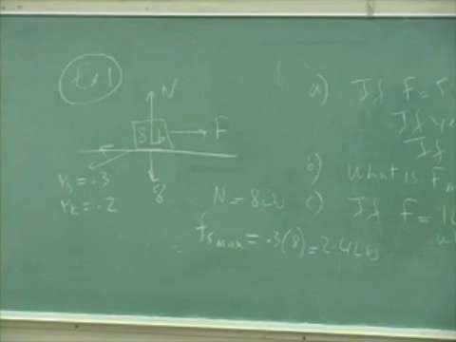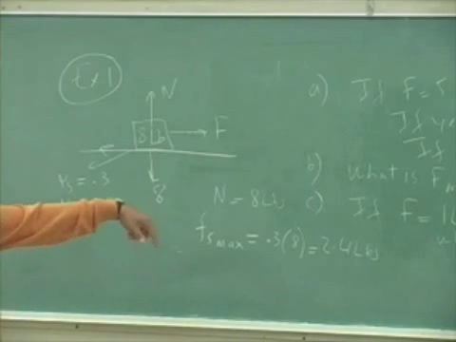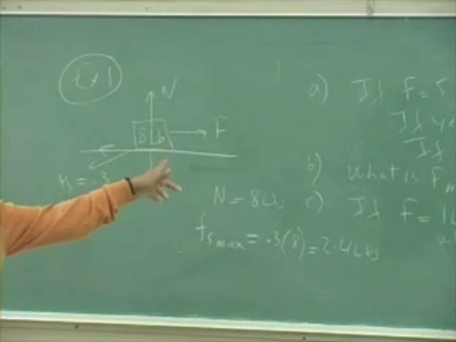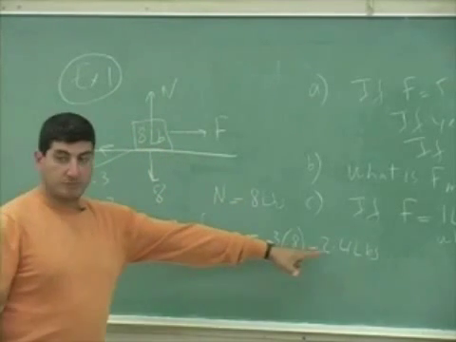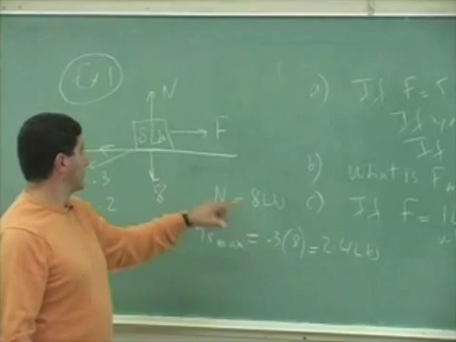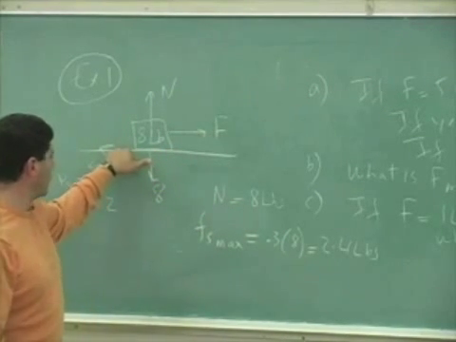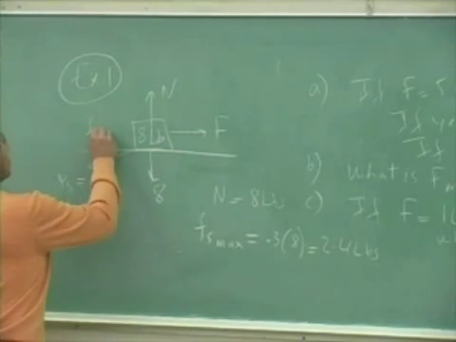So what is F min to make it move? Mu s is 0.3 times 8, which is 2.4. Now we can answer part B. What is the minimum force you need to make it move? As long as you can beat 2.4, as long as this can equal Fs right here.